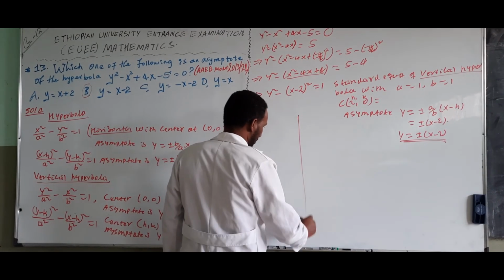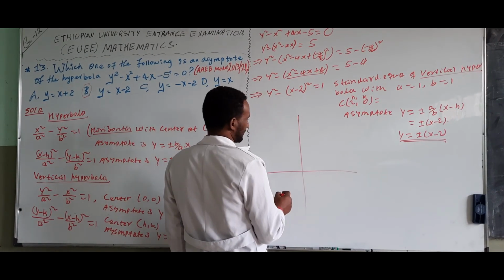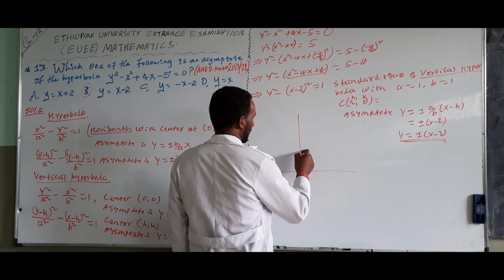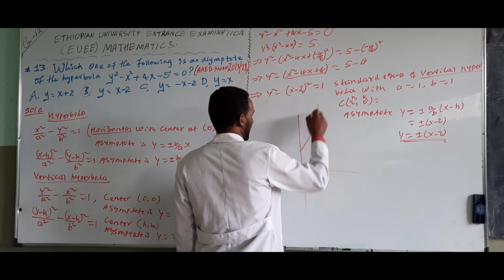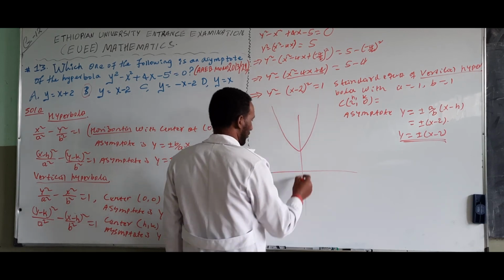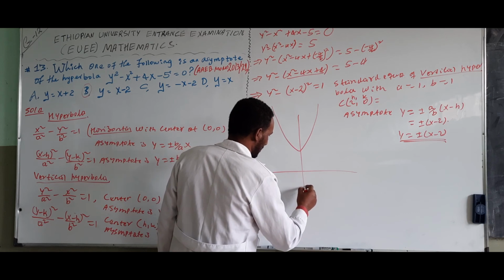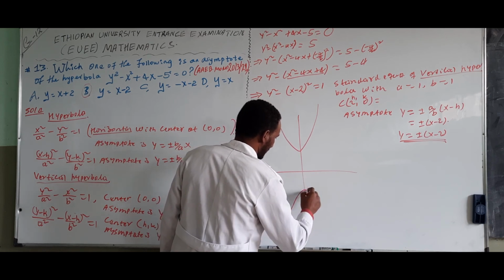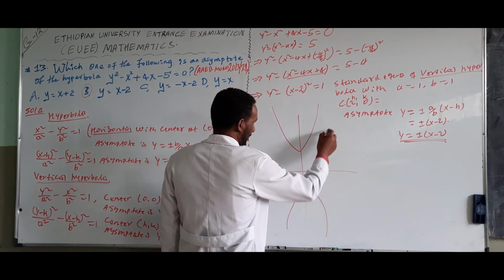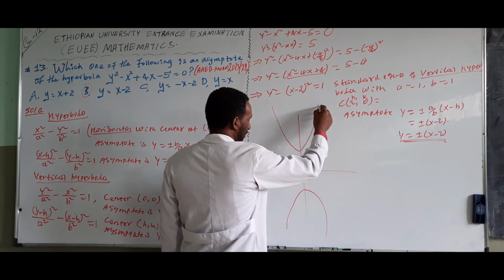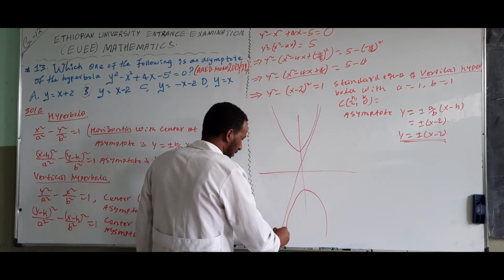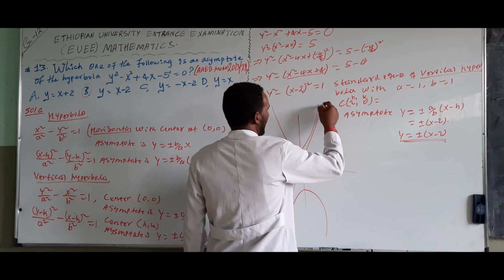For example, look, when this is a vertical hyperbola, here we have this asymptote, L1.